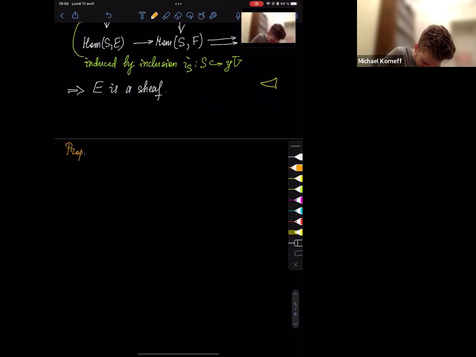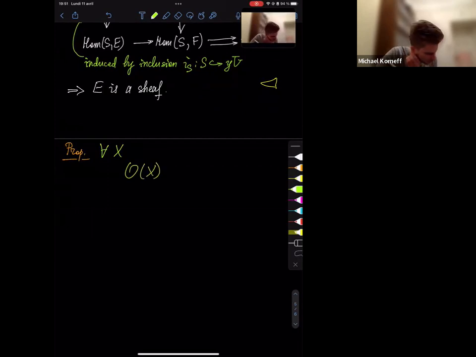Proposition: for any space X, there is an isomorphism between open sets on X and subsheaves of the terminal sheaf.